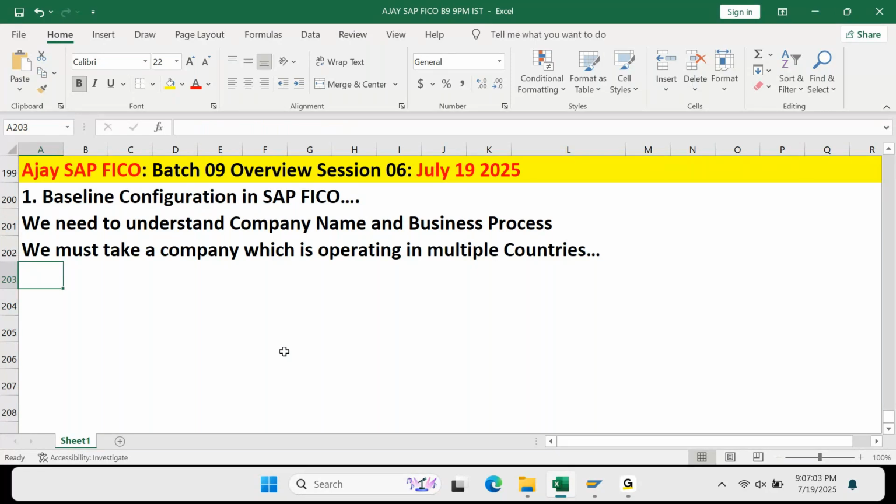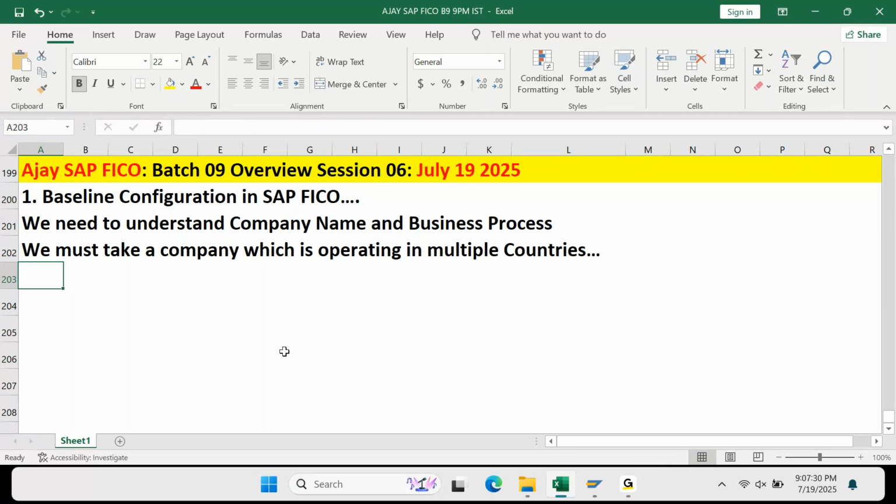Yes. For example, Reebok shoes, Nike shoes, Bata shoes, Coca-Cola, Britannia, any company you take, where you see that this company or brand is available in multiple countries.